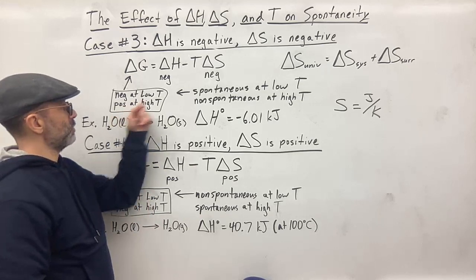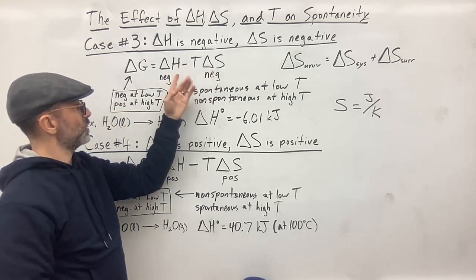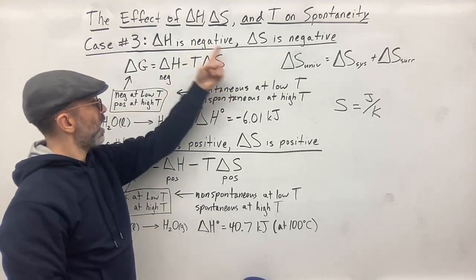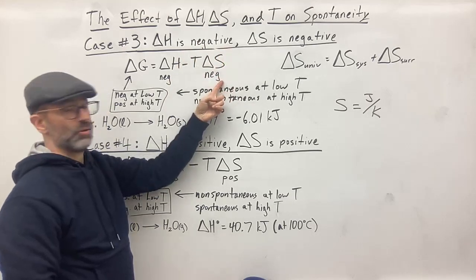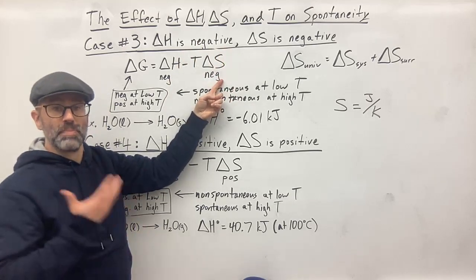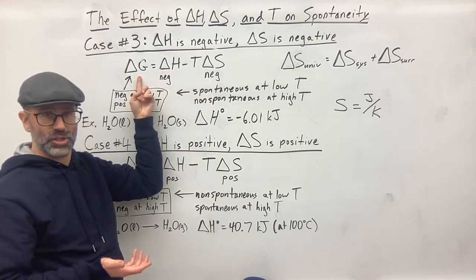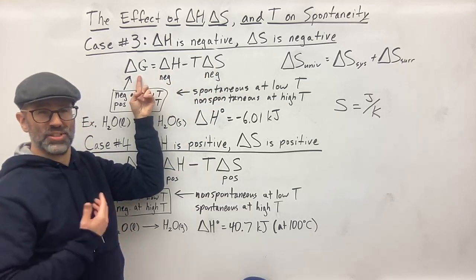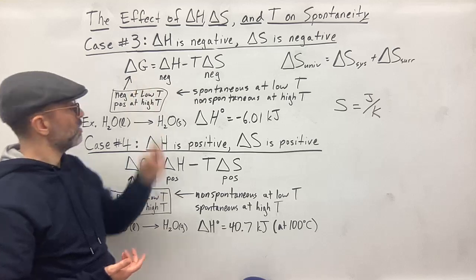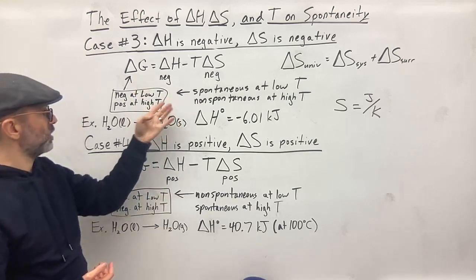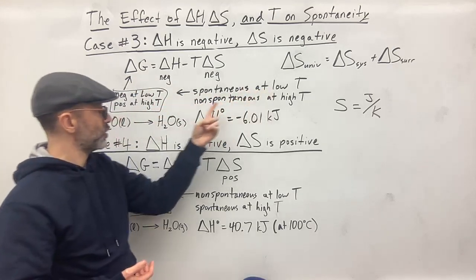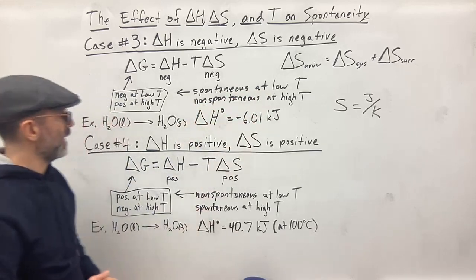But at high temperature, negative and negative is positive. So at high temperature, this value is going to be very large and positive, so much so that adding these together, you're going to end up with a delta G that is positive, which is not spontaneous. So this is going to be spontaneous at low temperature, but non-spontaneous at high temperature.